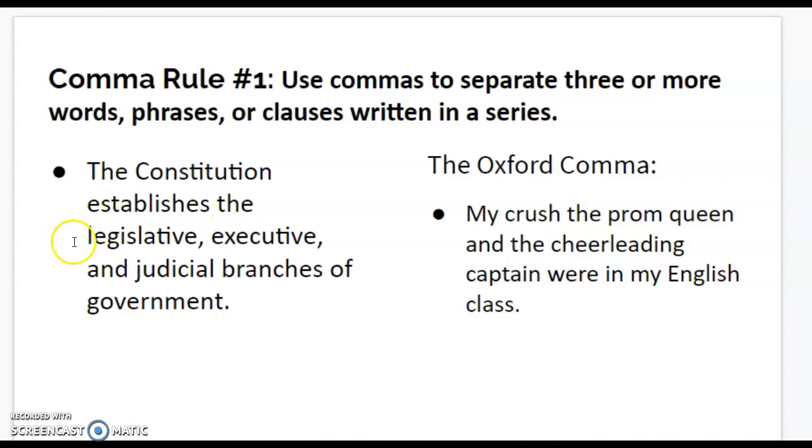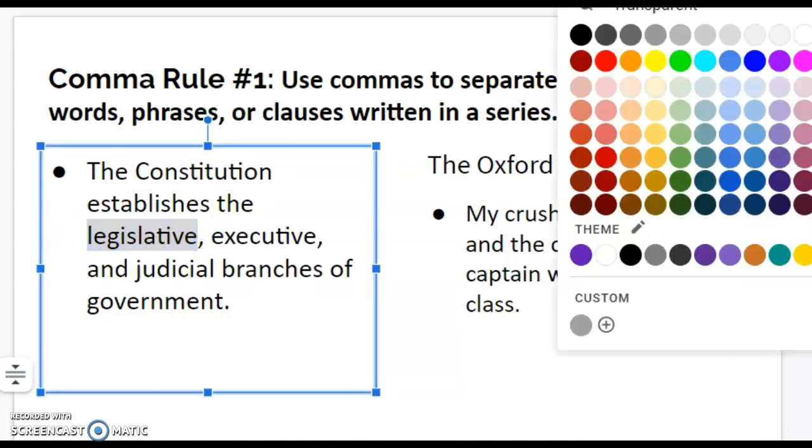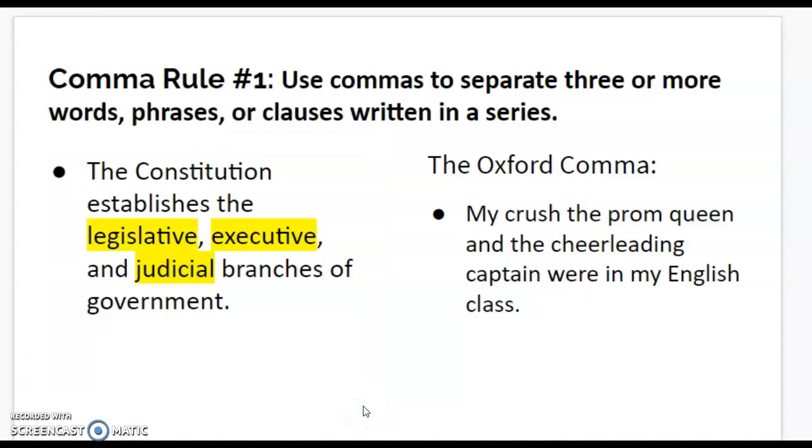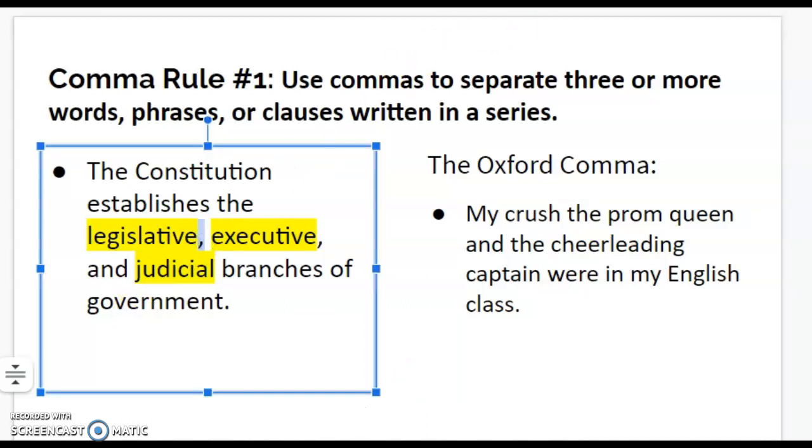So we have 3 things in a list, essentially. Legislative, executive, and judicial. And the commas just show us that there are 3 separate words, phrases, or clauses that are in this series. All right, so we put our commas in between.